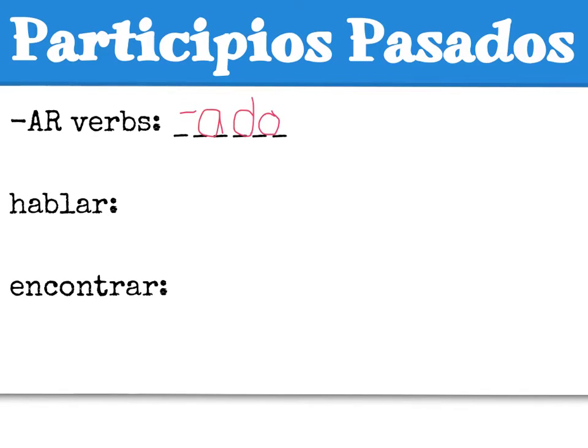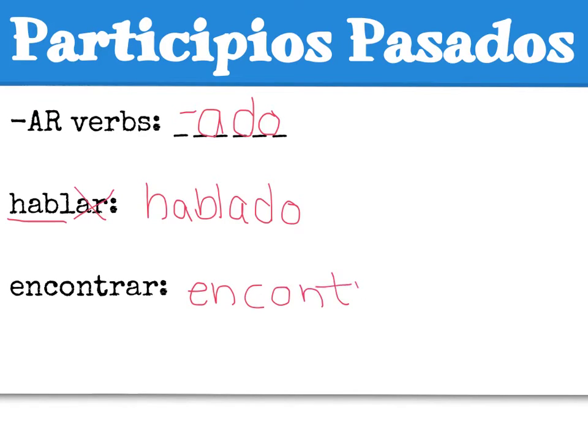So you take the root of your word, meaning you take off that AR ending, so habl would be the root of my word, and I add ado. Hablado. Encontrar. That's a stem-changing verb. Doesn't matter. Doesn't make any kind of difference with past participles. So that's going to be encontrado.